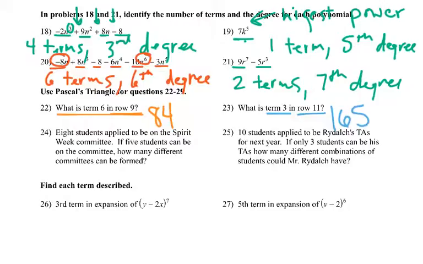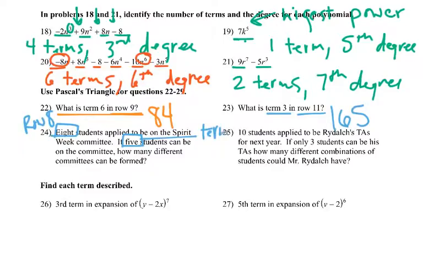So 8 students applied to be on the Spirit Week committee. If 5 students can be on the committee, how many different committees can be formed? So the total number of how many people you have, or other things, that's your row. So we're looking at row 8. How many they can be split up into, so 5 students, that's our term.